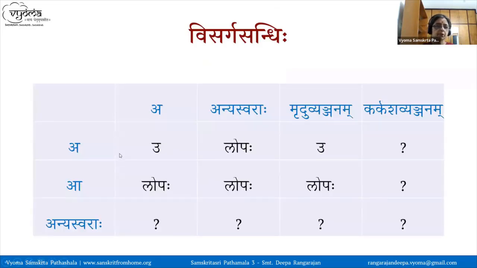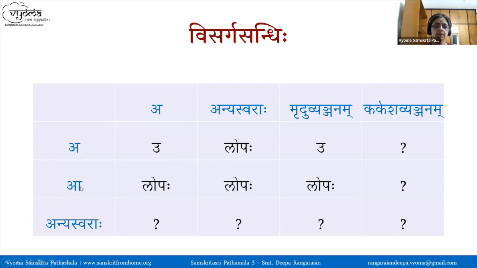So this is a table which shows that Akara is the letter before, Akara is the letter after, Utva happens. Ikara is the letter before, any Swara which follows, Lopa happens. Akara is the letter before, Mridu Vyanjana follows, Ukara happens, Utvam happens. If it is Akara and Hrasva Akara follows, Lopa.